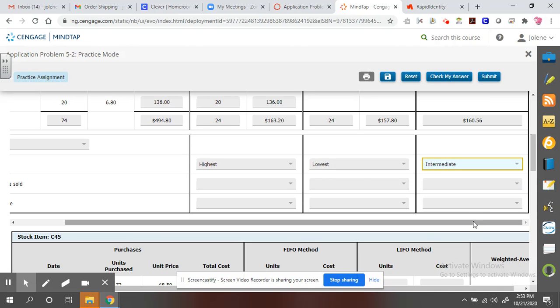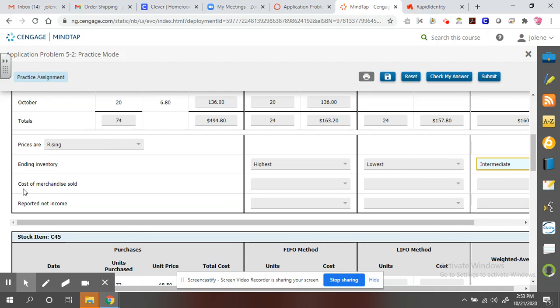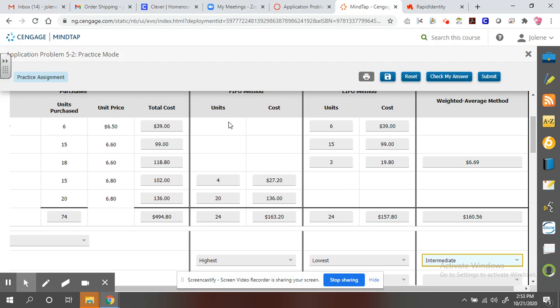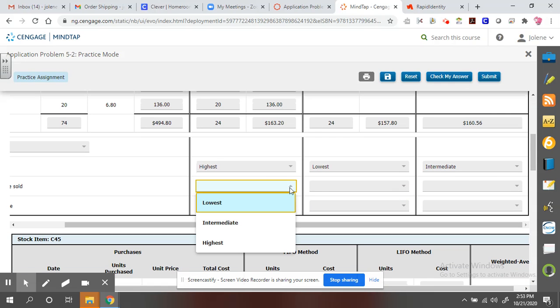So the next question says, cost of merchandise sold. Well, let's look at it. What we sold in FIFO right here was the lowest price. We sold this part. So I gotta put lowest.